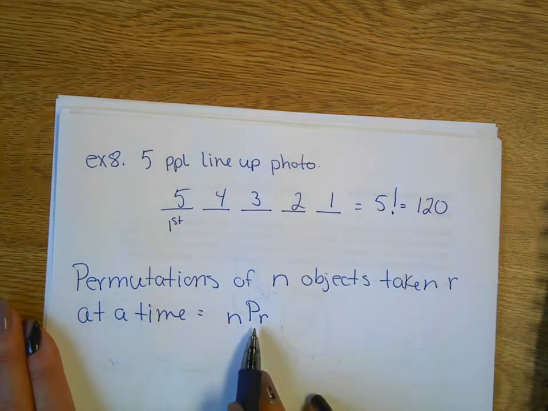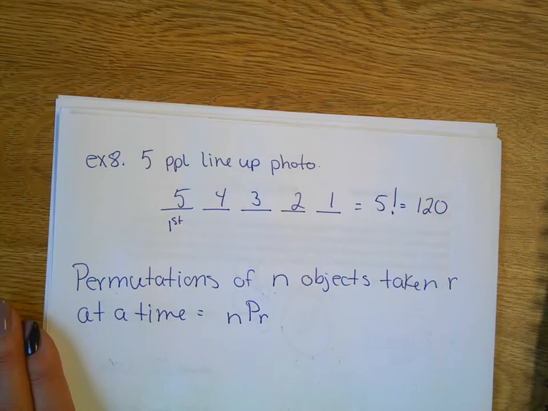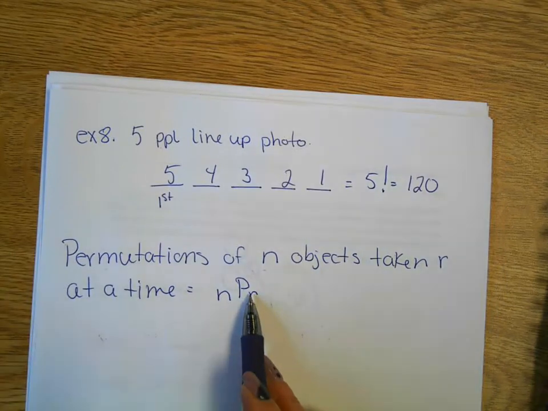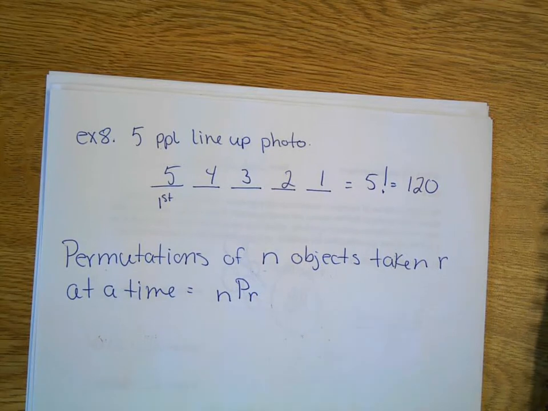The nPr can always be done with the fundamental counting principle. There are 2 ways to do it, the fundamental counting principle and nPr. When we get to combinations, there's no other way to do it other than with the nCr button.